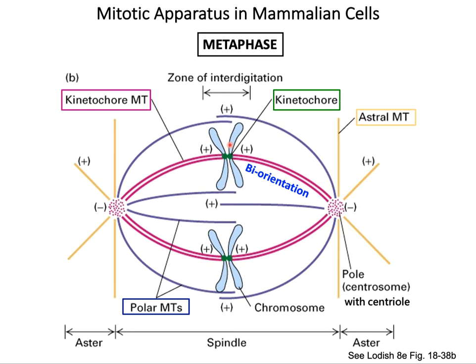So the sister chromatids have to be oriented so that they separate, they move to the opposite poles, and this is known as biorientation. And the cell has a certain way to make sure that each sister chromatid pair attaches to the microtubules emanating from opposite spindle poles so that they are bioriented before metaphase proceeds into anaphase.